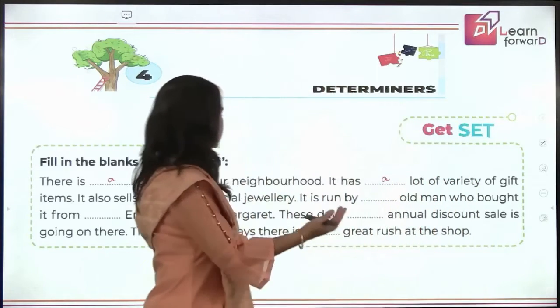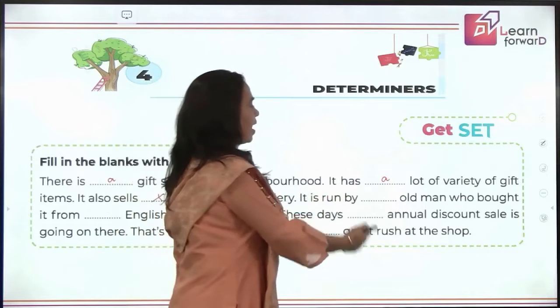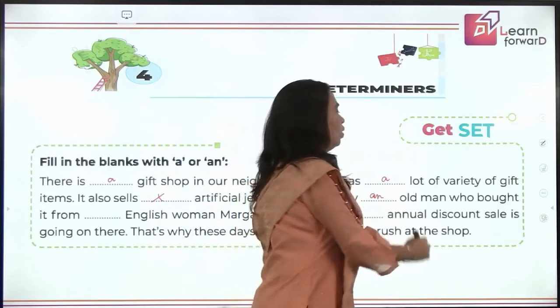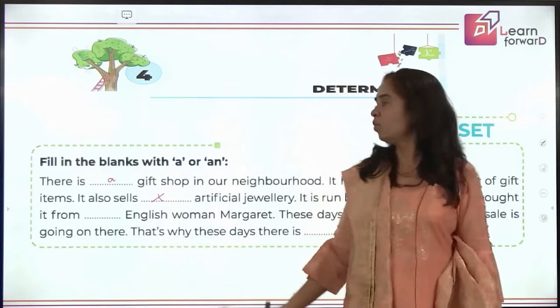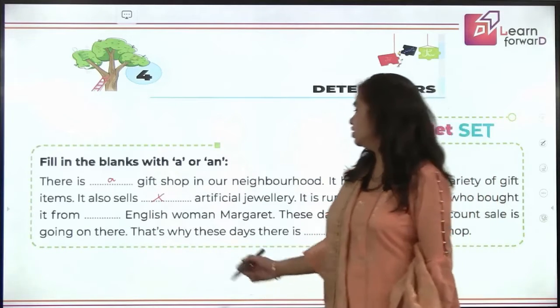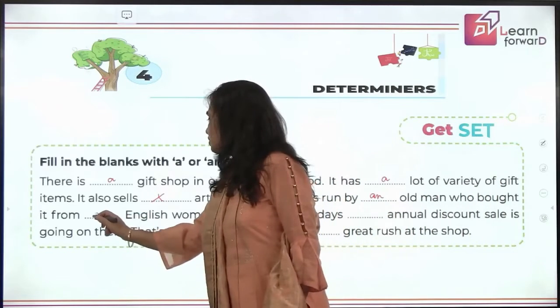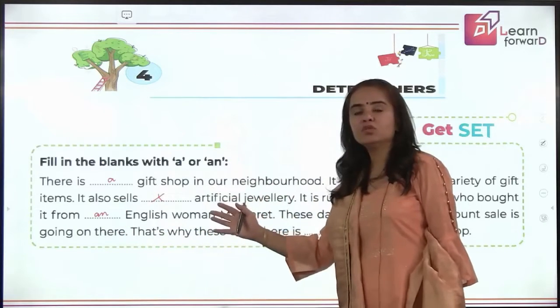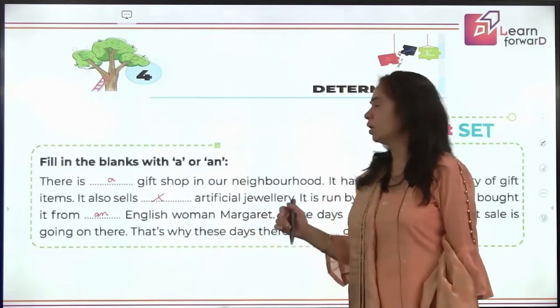Coming to the next, let's move ahead. It is run by dash old man who bought it from an English woman, Margaret, right? So that's the name of an English woman from whom that old man bought it.